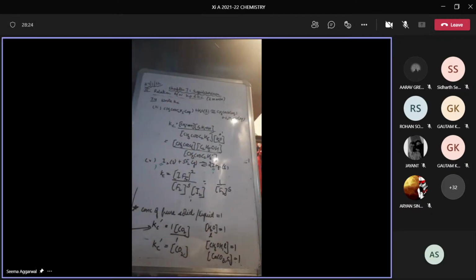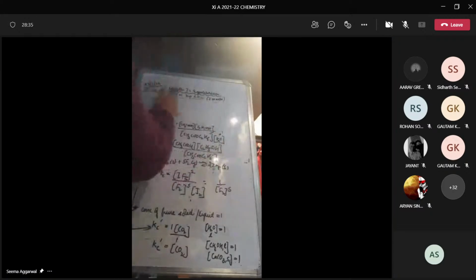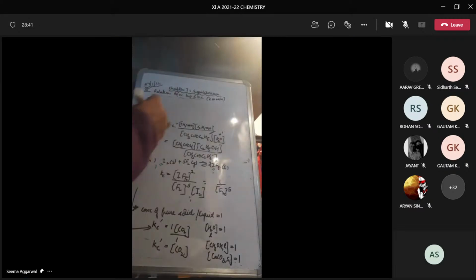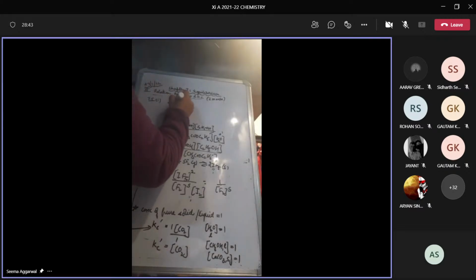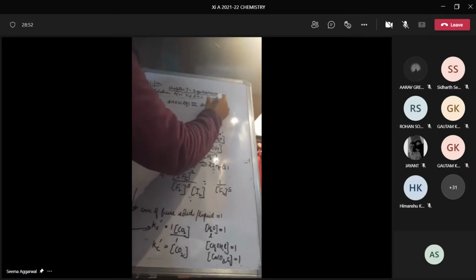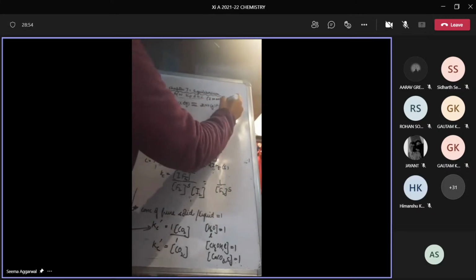Okay. Now, question number 7.4, I have taken 7.5. Okay, let's take one part. It's based on the relation between Kp and Kc. So I am trying to cover NCERT questions also. First part, let's take. Question is, the reaction is given to us. 2NOCl gas is in equilibrium with 2NO gas plus Cl2 gas.